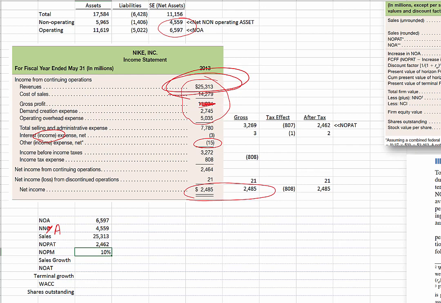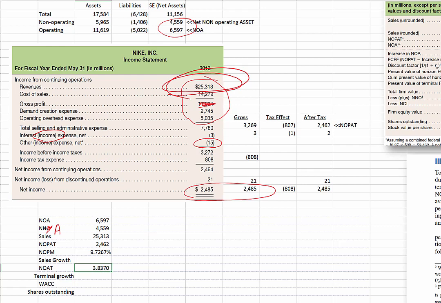Let's put some decimals in there. Remember, on the exam, I need 5 digits of accuracy. Sales growth, we have to look that up in a minute. Net operating asset turnover, that's going to be sales divided by net operating assets. So let's put some decimals in there. There's 1 digit of accuracy, 2, 3, 4, 5.